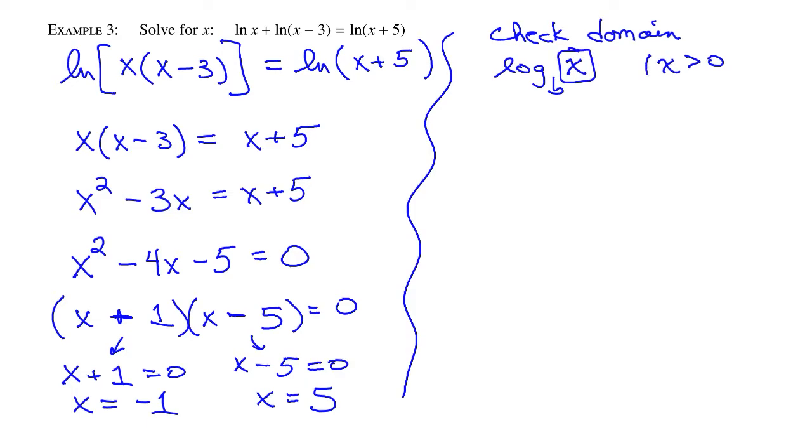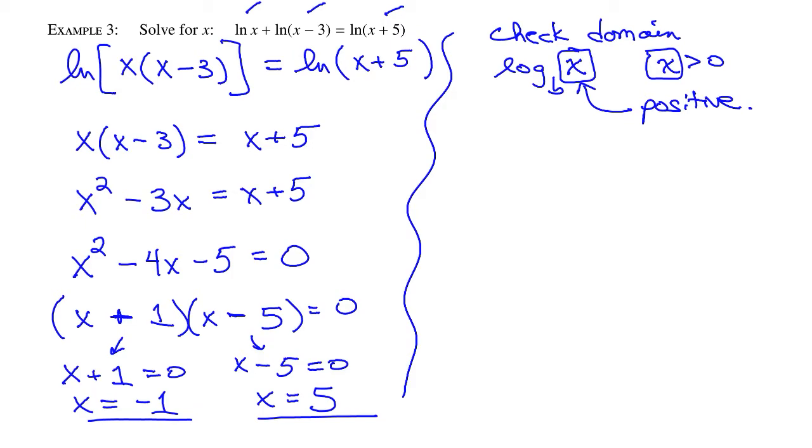What this means is that whatever you're taking the log of has to be positive. It can't be 0, and it can't be negative. So I have to make sure that each of the three logs in the original equation would still be taking the log of a positive when I plug in the two answers, x equals negative 1 and x equals 5.